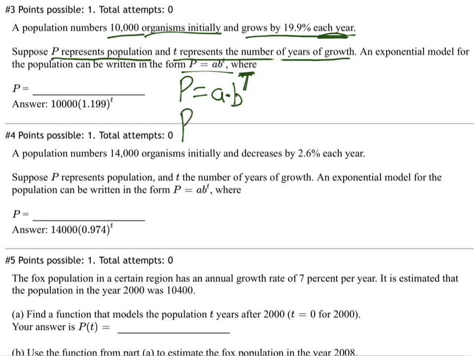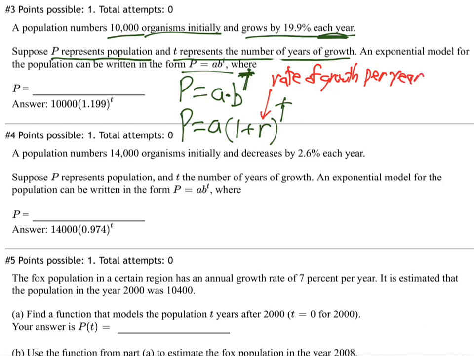That B can actually be broken down to be 1 plus R. So, the R is the rate. Let me explain. The R right there is the rate of growth, per year or whatever the time unit is.